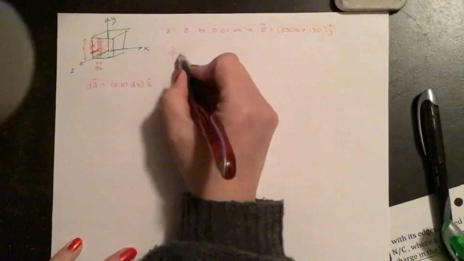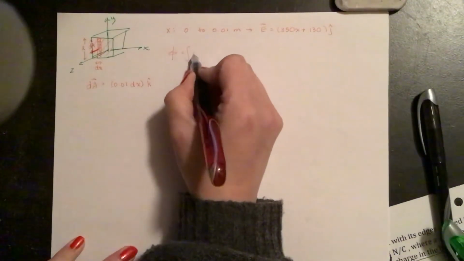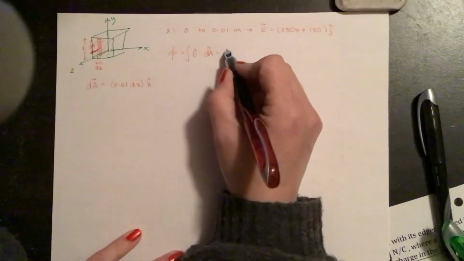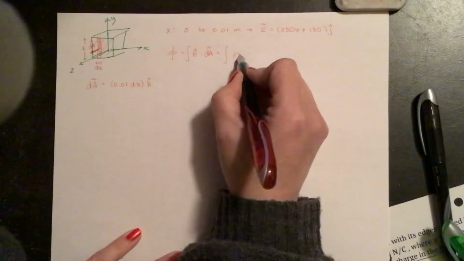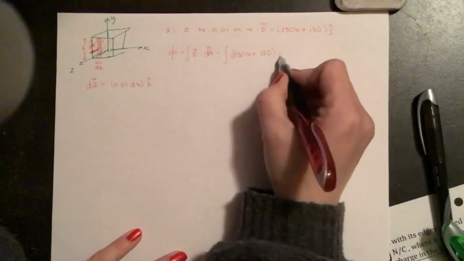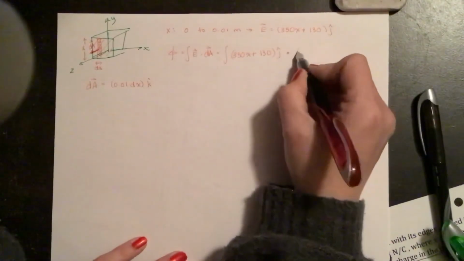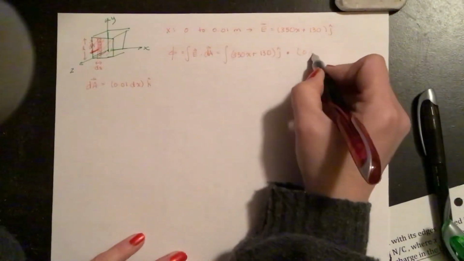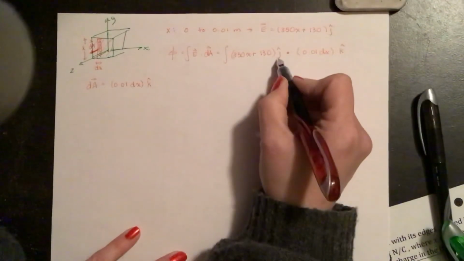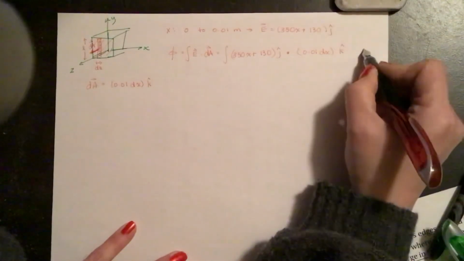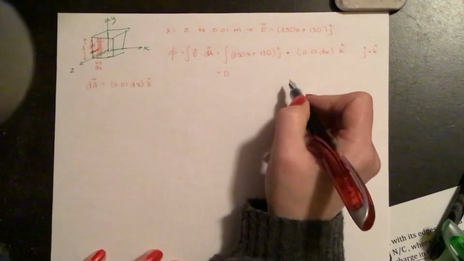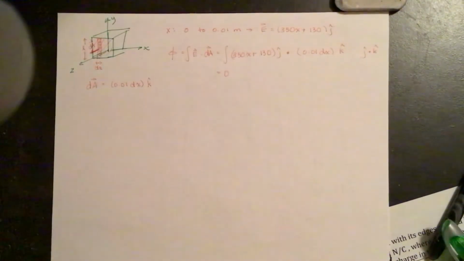The electric flux through the front face is the integral of E dot dA, equals 350x plus 130j dotted with my dA, which is 0.01 dx in the k direction. You see here I've got j dot k equals 0. The scalar product between perpendicular vectors equals 0.